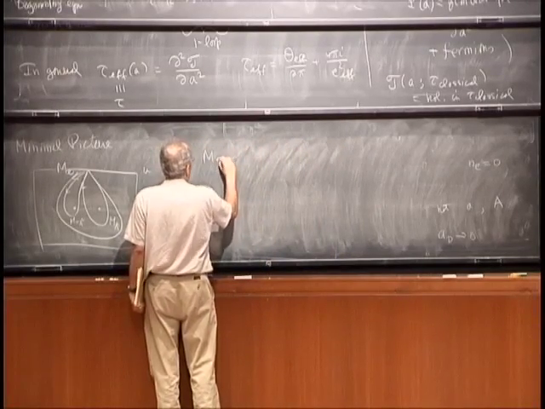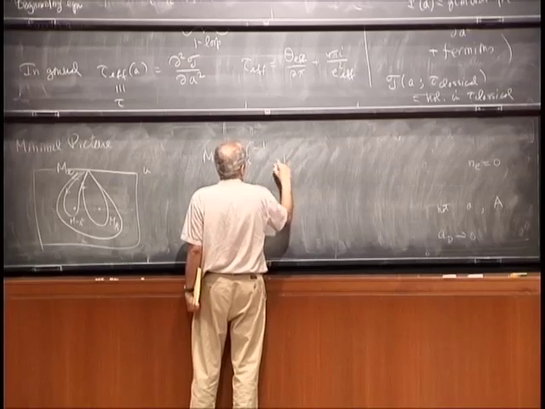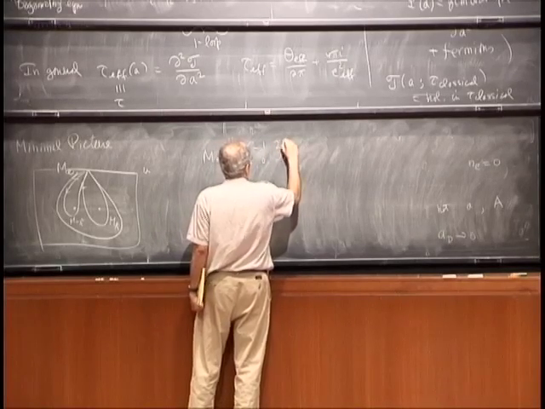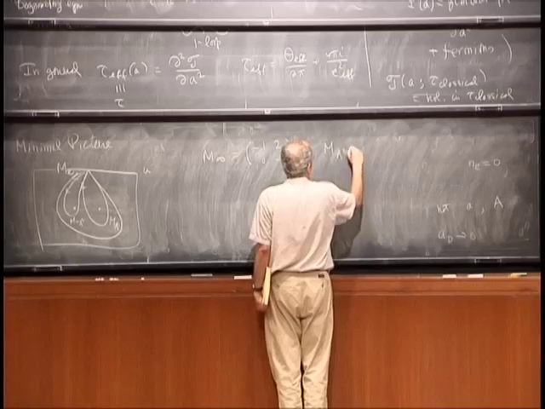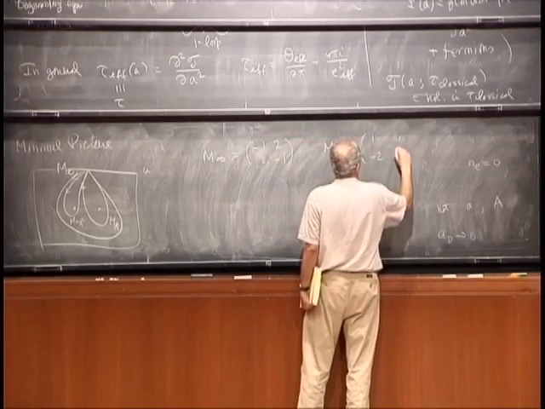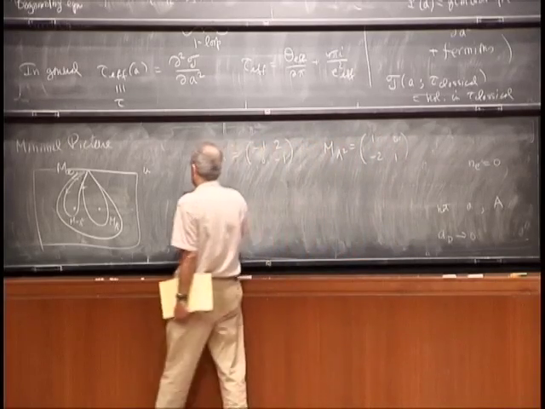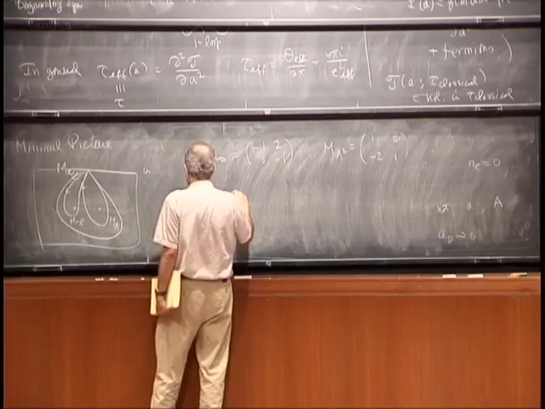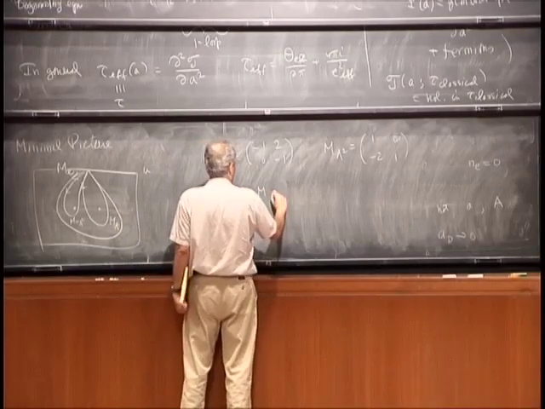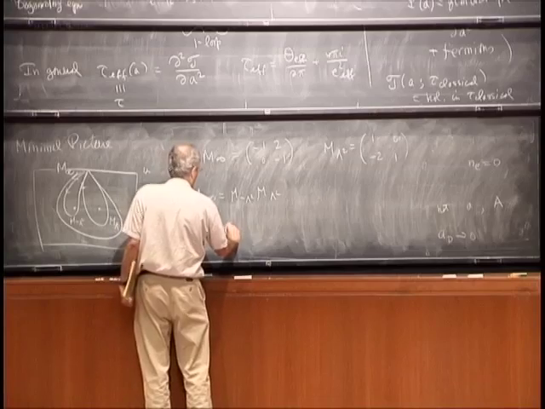So M infinity was this, and M lambda squared was this. So since M infinity is M minus lambda squared times M lambda squared, we can find what is M minus lambda squared.